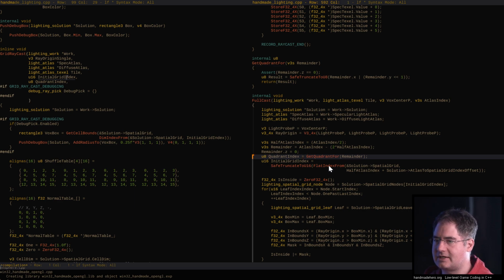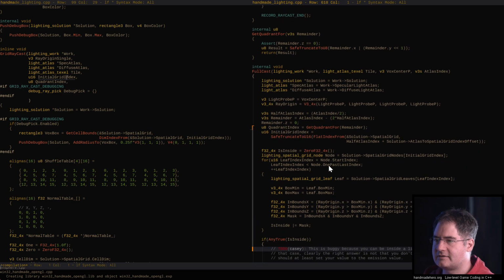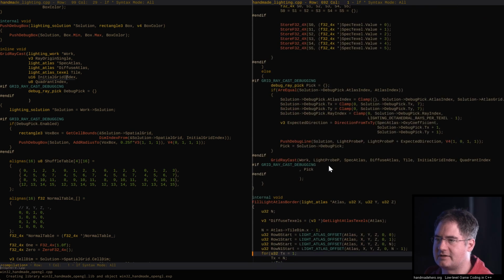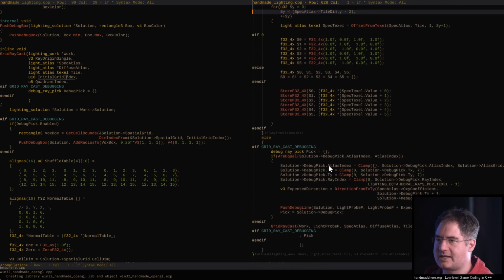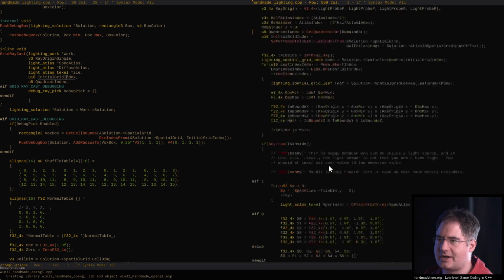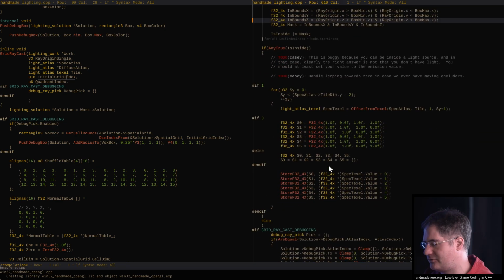So basically what I could do here is take this code and finally collapse these routines entirely, because there really is no reason. You can see here that grid raycast is just a thing that happens at the end of this code. So these routines don't need to be separate anymore. They were separate because we used to call grid raycast multiple times, and now we don't even do that anymore.